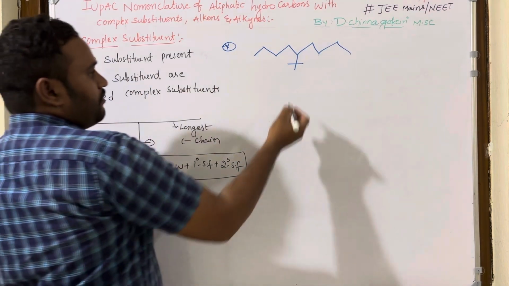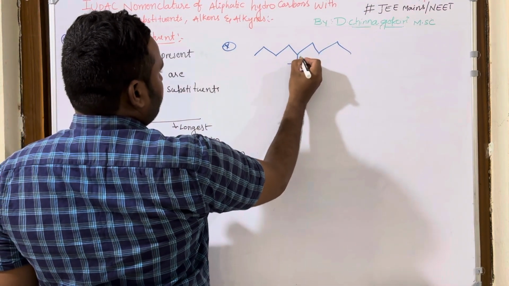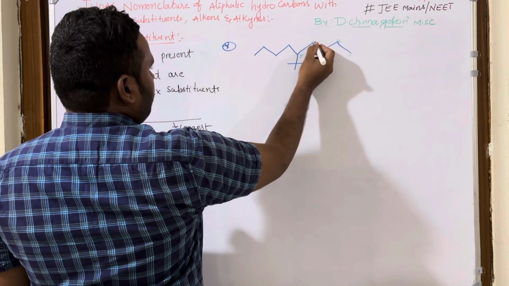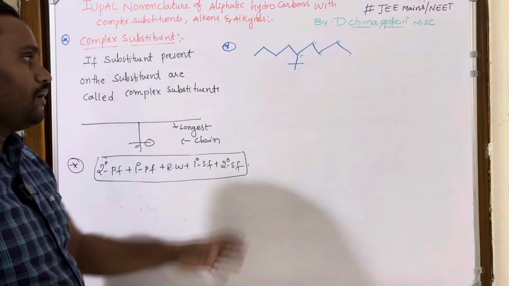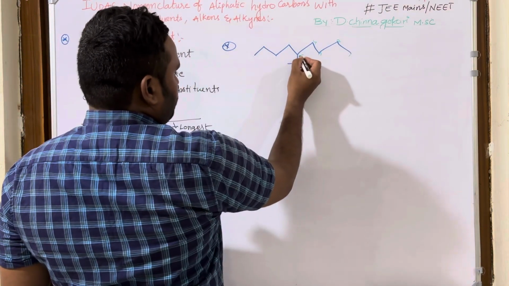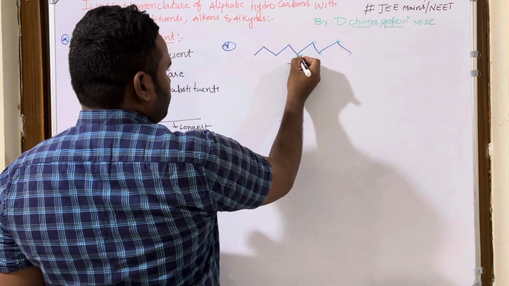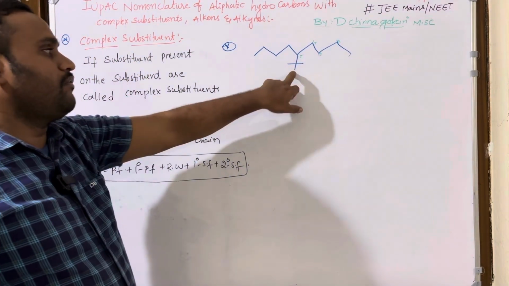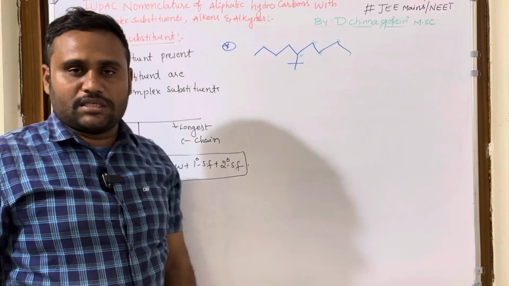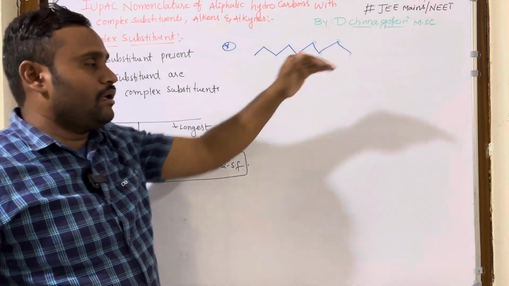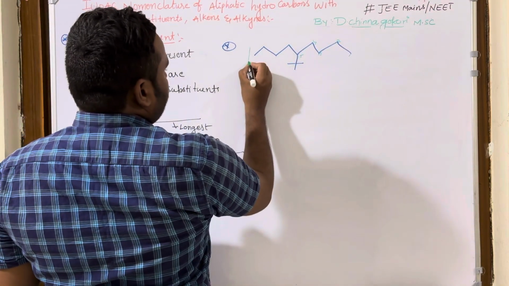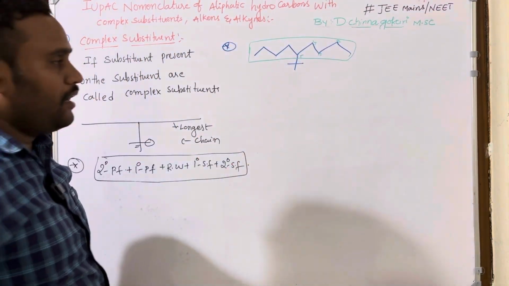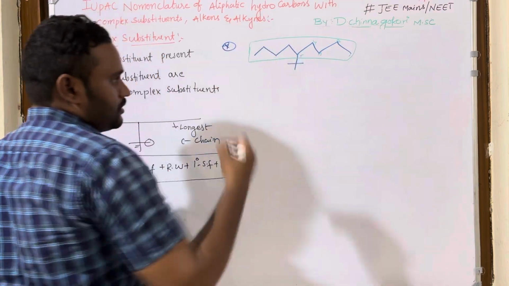When going from this direction, we get the fifth position, and when coming from this direction, 1, 2, 3, 4, 5, also the fifth position. This is the position of the substituent. Going from this direction, we get the lesser number of carbon chain. So this will be the longest carbon chain, and now it is the substituent.